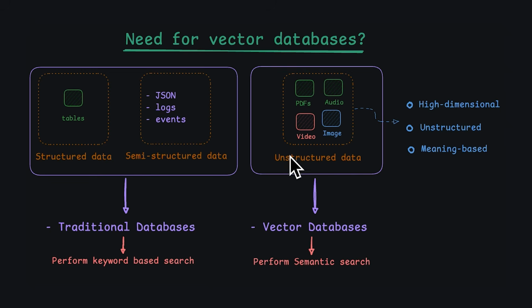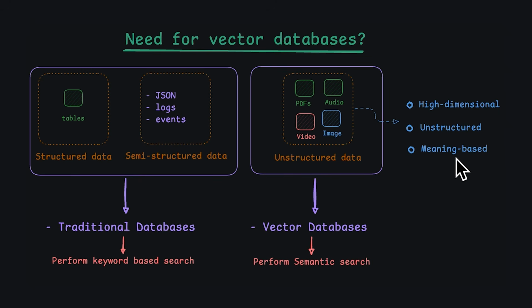And then we have unstructured data, for example, your texts or PDFs, audio, video, images. This unstructured data is actually high dimensional, and it is all meaning based.